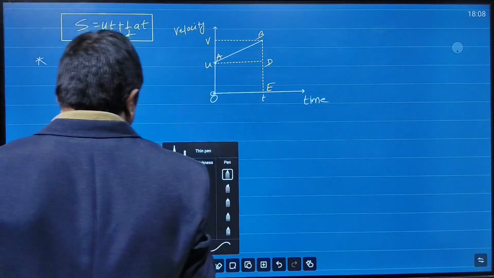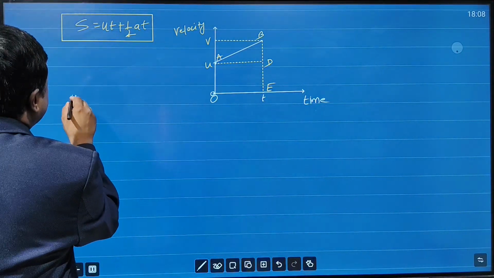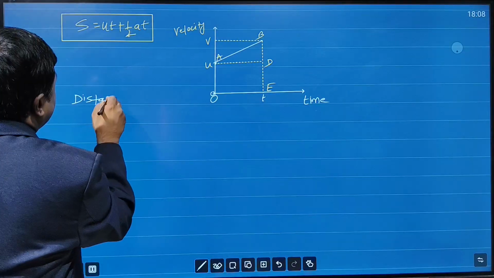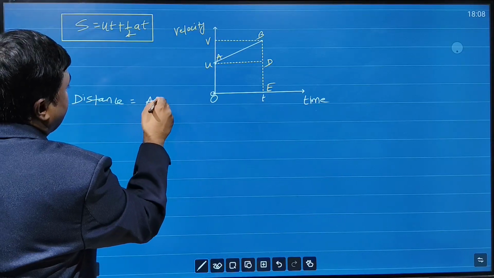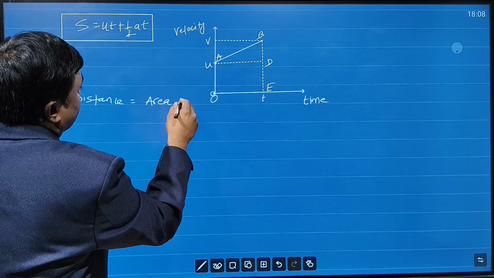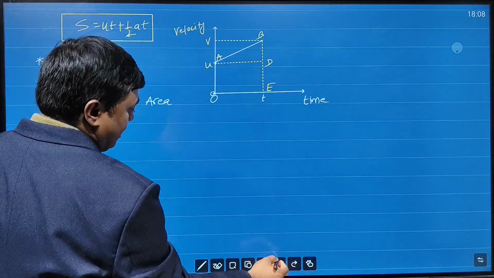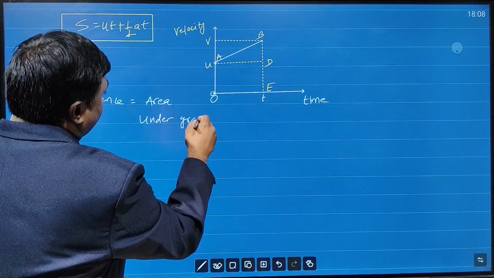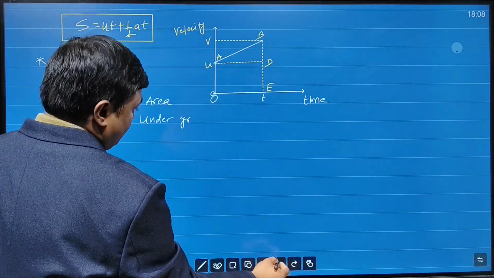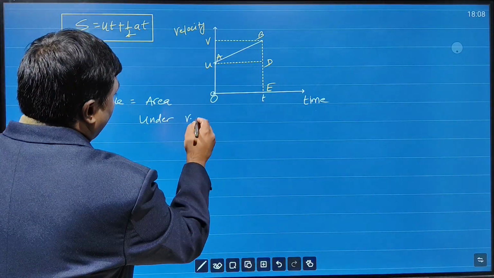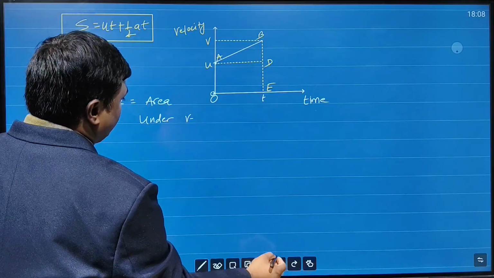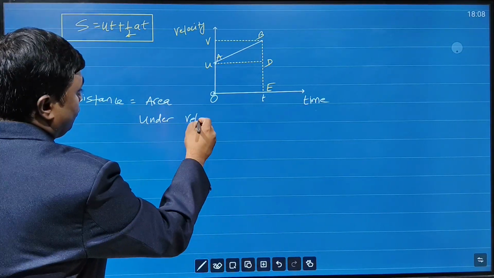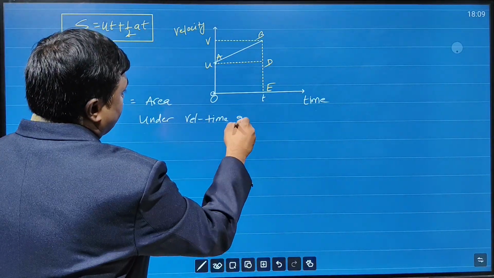So first we are going to write that distance is equal to the area under the velocity time graph. This is the VT graph, or you can write it in full, velocity time graph.